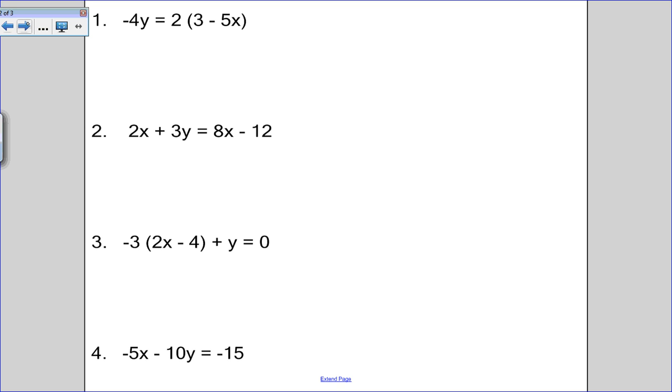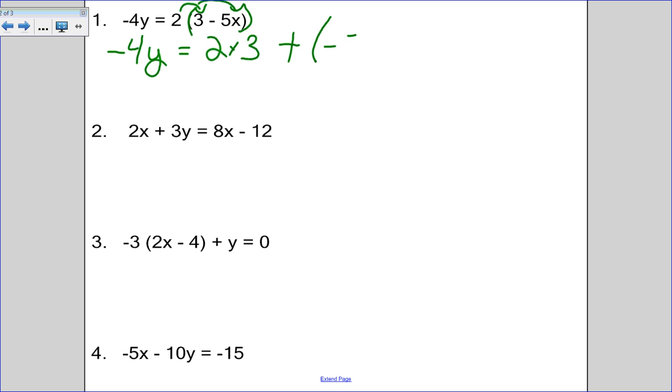Okay, you're right here. So we need to take the 2 and distribute it. Okay, that means we multiply it by everything that's inside those parentheses. So now I can say negative 4y equals 2 times 3 plus, I'm going to keep the negative with my 5, I'm going to say negative 5 times 2, okay?